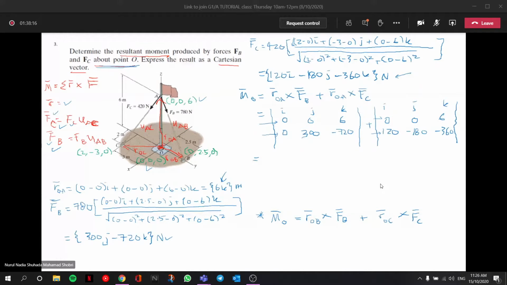So either way, you can use this one or this one. The answer shall be the same because of the principle of transmissibility.